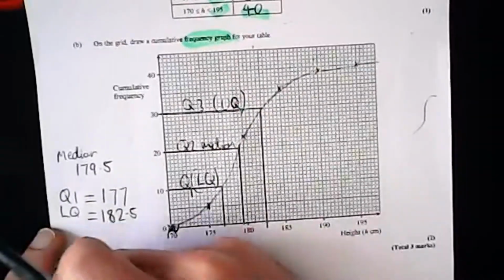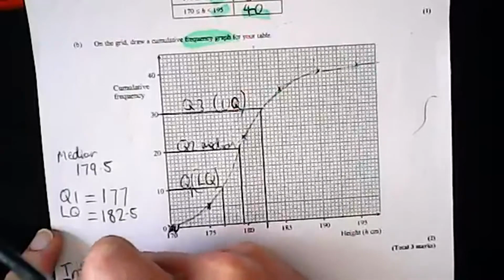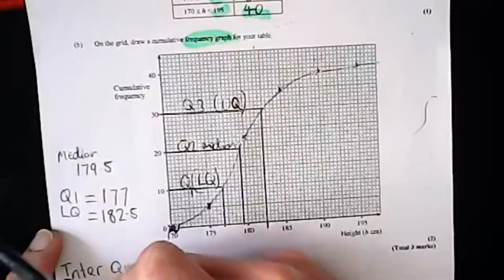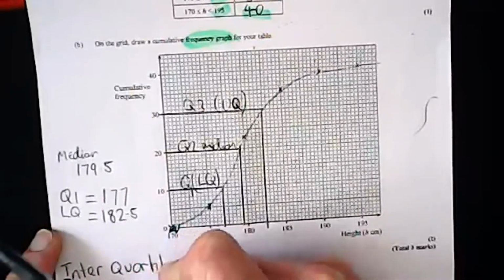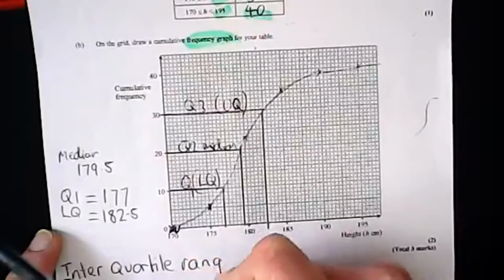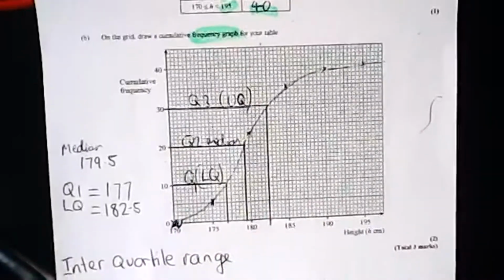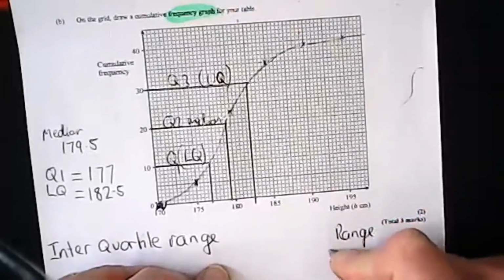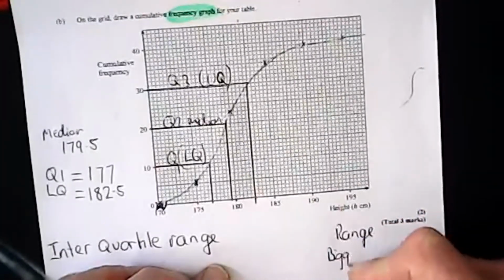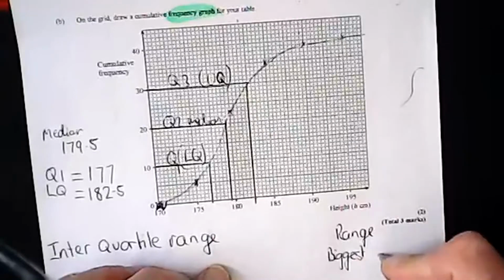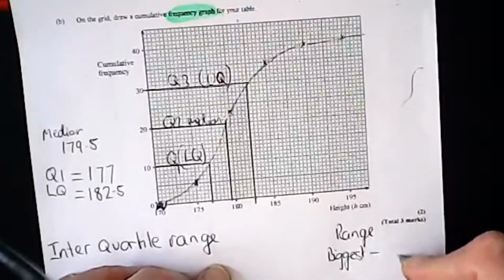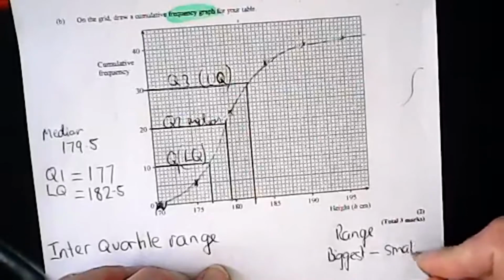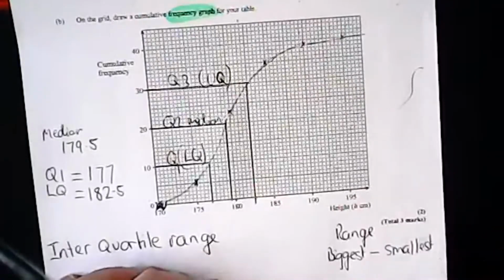And so we've got this final measurement called the interquartile range. Now going back to basic statistics, the range is the biggest or highest number in the survey, take away the smallest number in the survey.